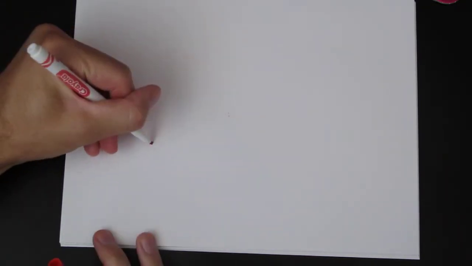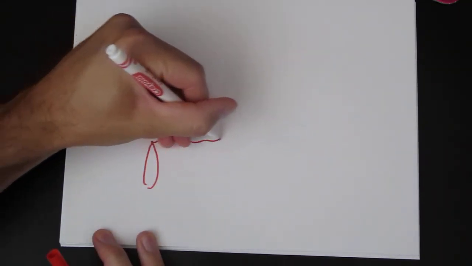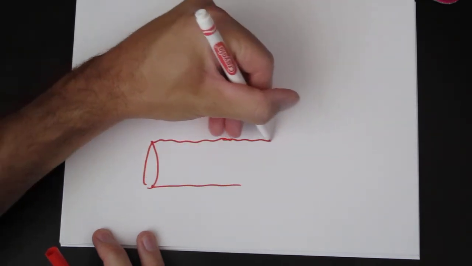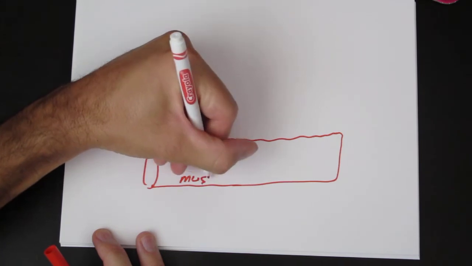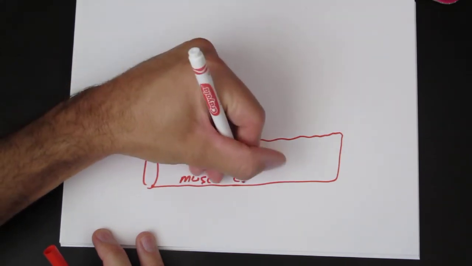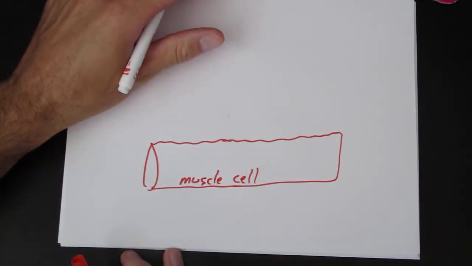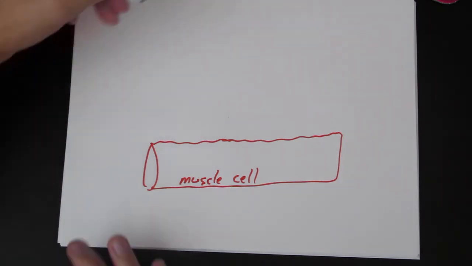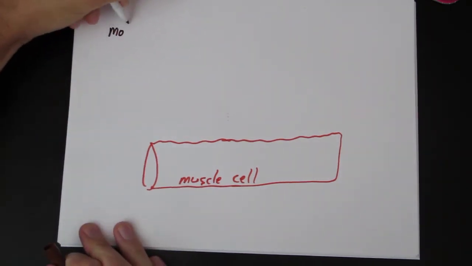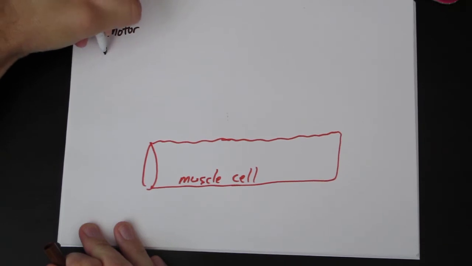So here's my muscle fiber. Muscle cell, right? Okay, so this is my muscle cell. And there are neurons coming from our central nervous system that are going to control, stimulate, or innervate our muscle cells. These cells are called motor neurons.